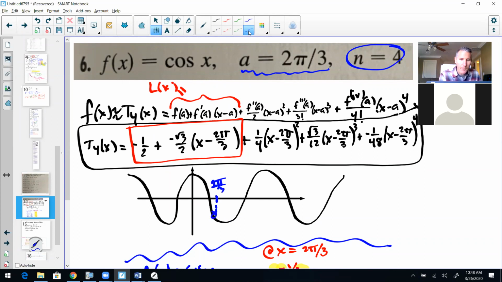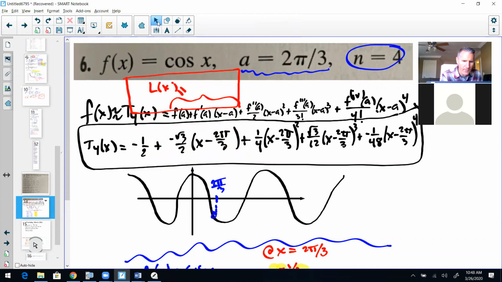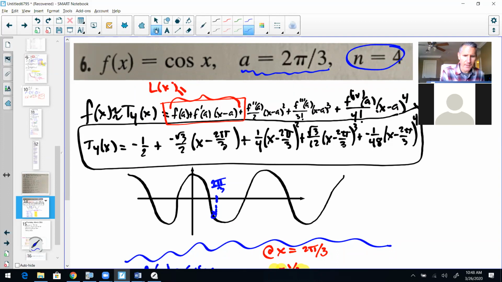Let me get rid of this red. Let's just say that would be linearization. Now if I were to go to, let's say, the fourth degree Taylor polynomial that best fits this, it probably would look like this. It's definitely going to be equal to the function at 2 pi over 3.